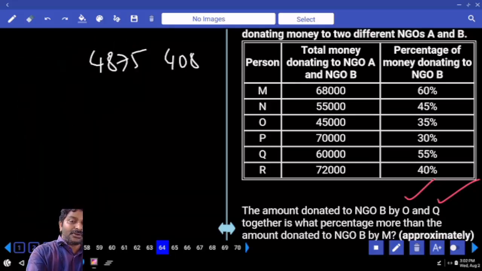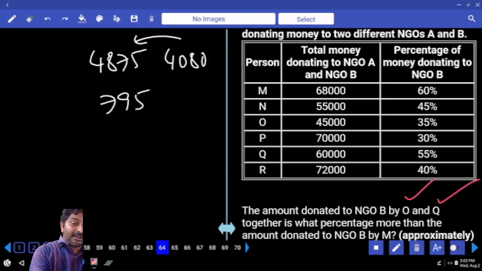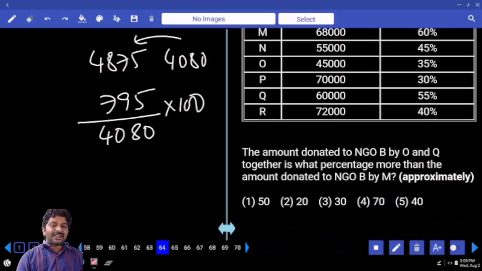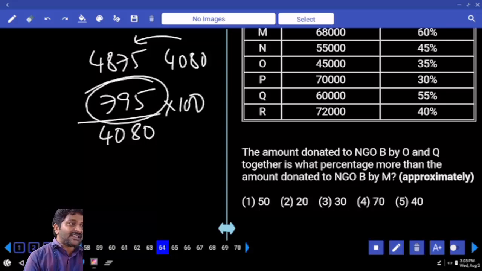With respect to 4080, this is how much more? 795 upon 4080, percentage into 100 only. Approximate answer. We'll get answer from the denominator. What is 10% of the denominator? What is 20%? 816. This number is less than that, but close to that. Answer must be less than 20, but close to 20. Approximate 20.